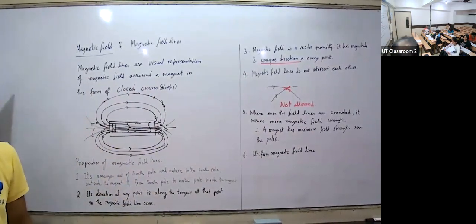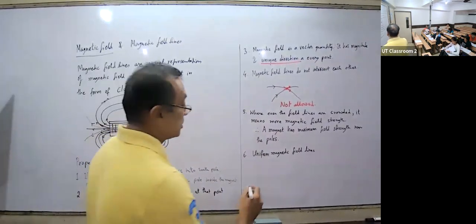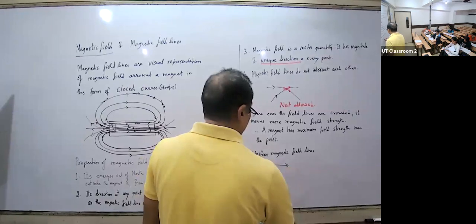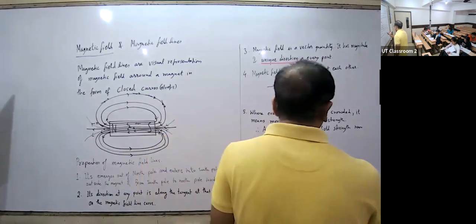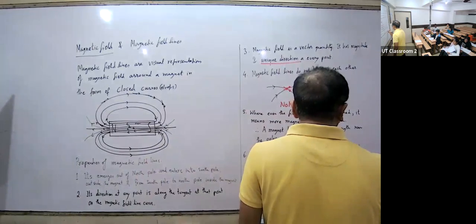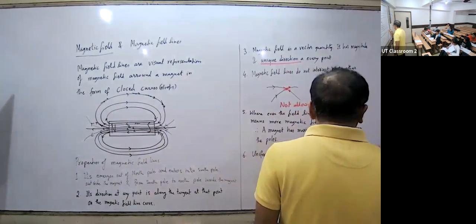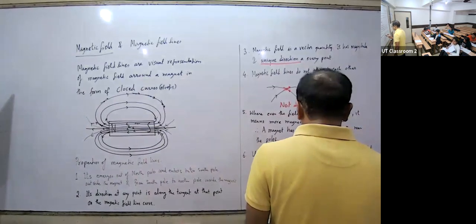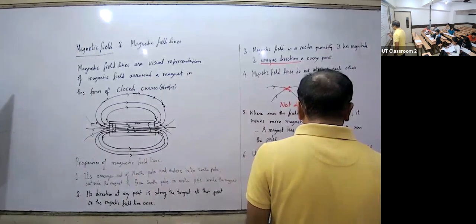Equally spaced magnetic field lines, like parallel lines. This is an example of uniform field lines. Equidistant parallel field lines in the same direction.